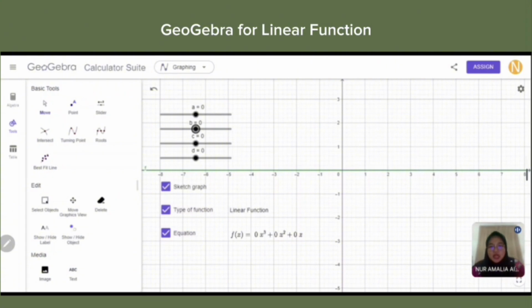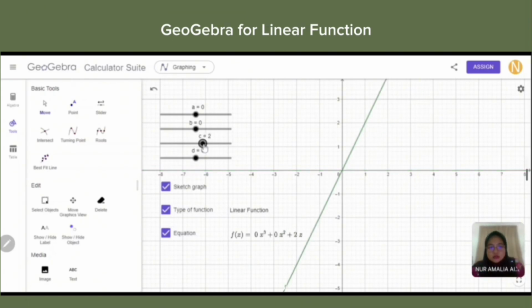In my GeoGebra that I've done here, it has A, B, C, and D, where A is for x cubed, B is for x squared, and C is for x. D is for the constant. So linear is mx plus c. It only has x and a constant. I give you an example, which is 2x minus 4.